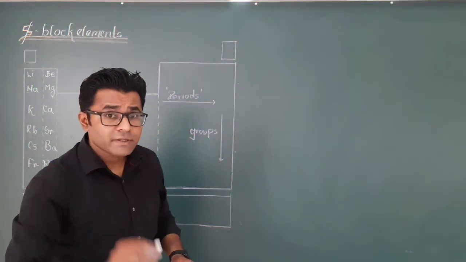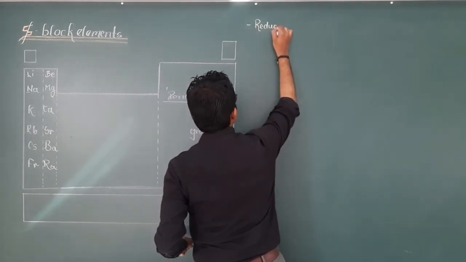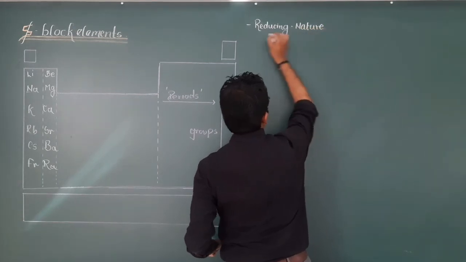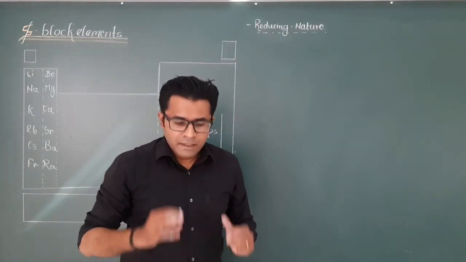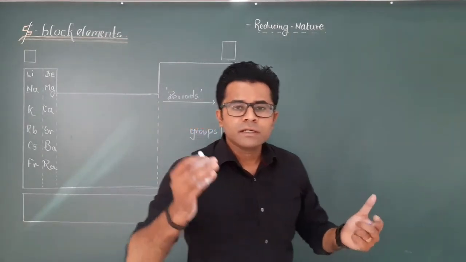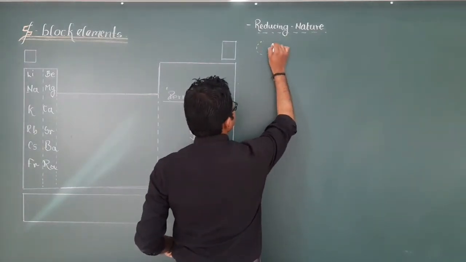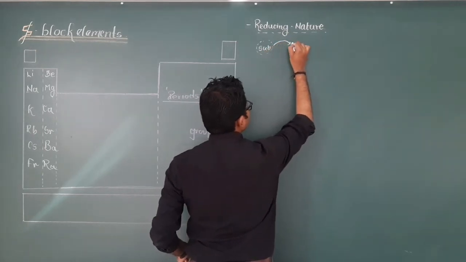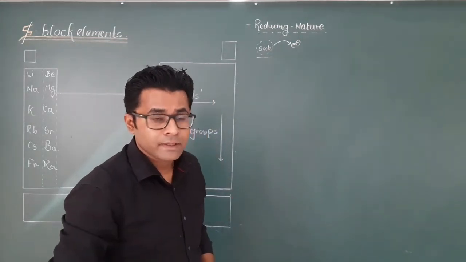So let's observe the next property, which is the reducing nature of alkaline earth metals. Now, one thing that we have to understand is that here we are speaking with respect to donation of electrons, how better a substance gives electrons. Let's say this is a substance, and if the substance donates electrons, then this substance is acting as a reducing agent.